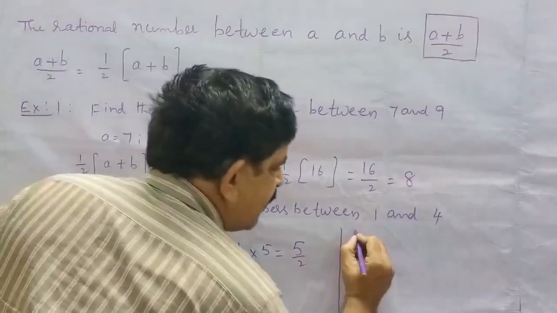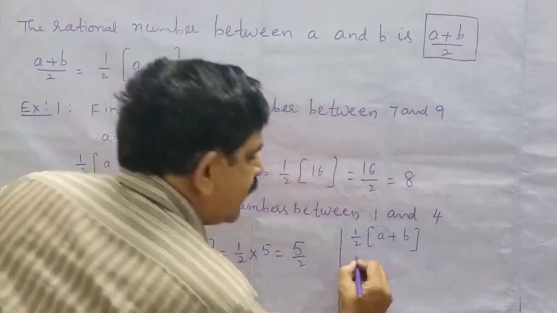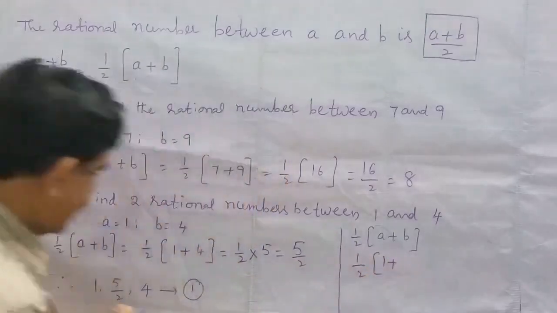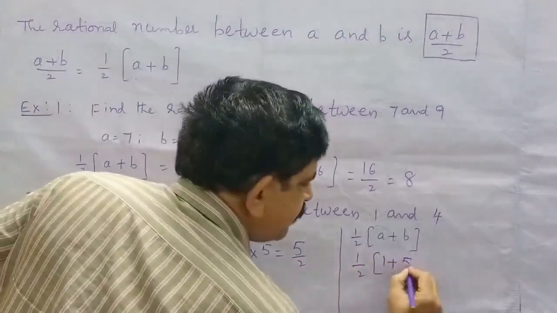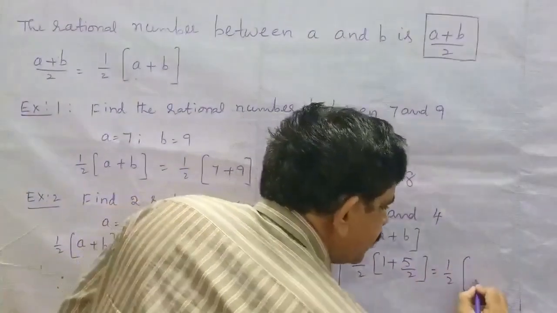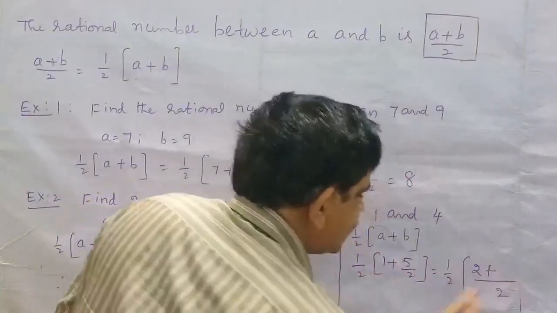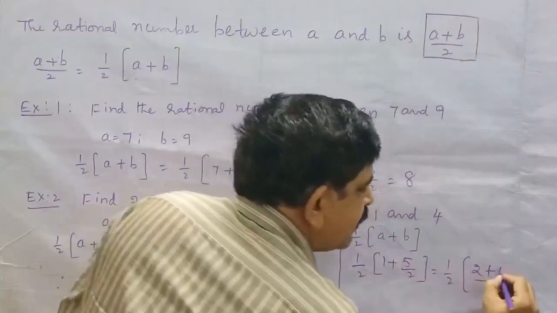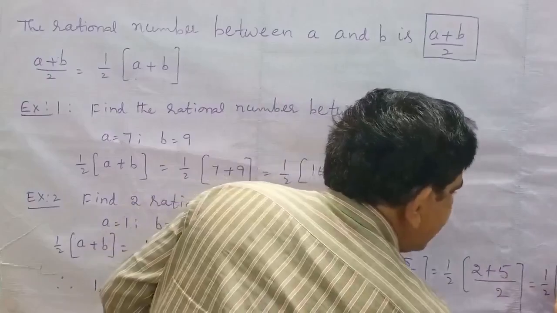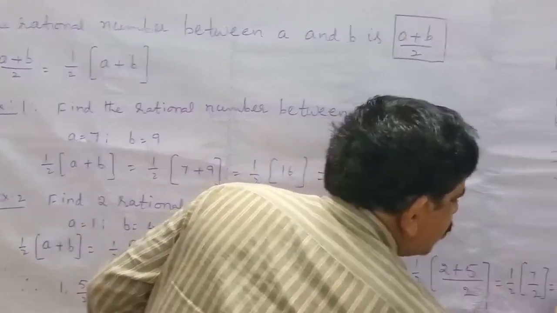The formula is 1 by 2 into A plus B. Now 1 by 2 into A, which is 1, plus B, which is 5 by 2. Take LCM 2, so 2 ones are 2, plus 5. So this is equal to 1 by 2 into 7 by 2, that is equal to 7 by 4.